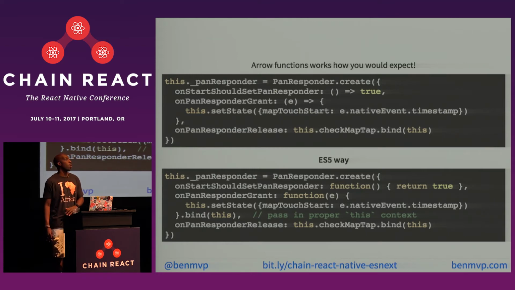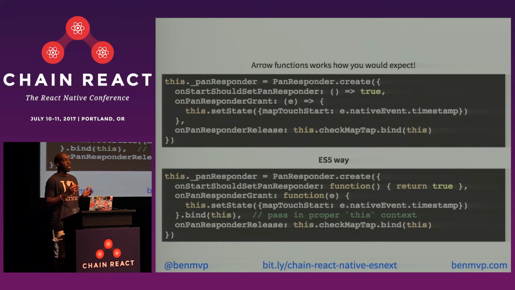As opposed to old anonymous functions, where the this context comes from how the function was called, not where it was defined. So now using arrow functions, we no longer have to pass bind this. I'm still passing bind here to the method, but when I talk about classes, I'll explain why that's still happening.